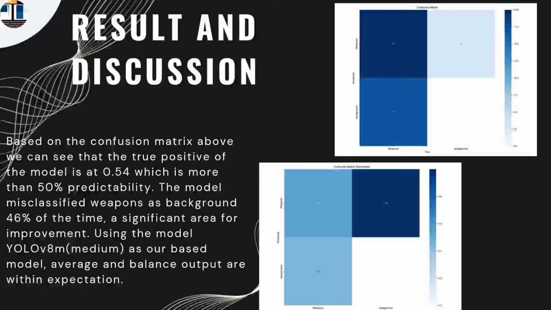Based on the confusion matrix above, you can see that the true positive rate of the model is 0.54, which is more than 50% predictability. The model misclassified weapons as background 46% of the time, which is a significant area for improvement. Using YOLOv8m as our base model, the average and balanced output is within expectation.